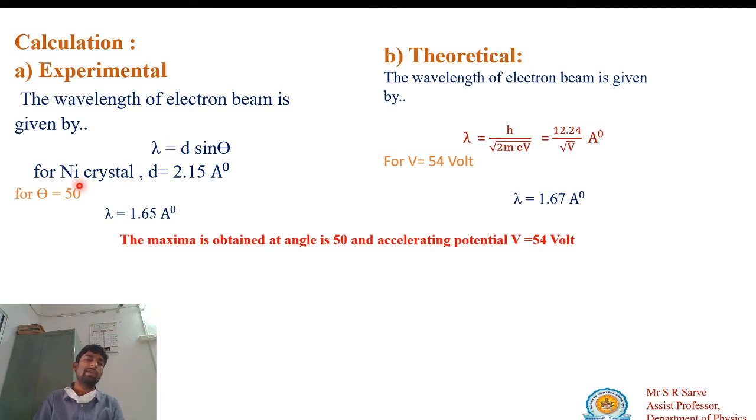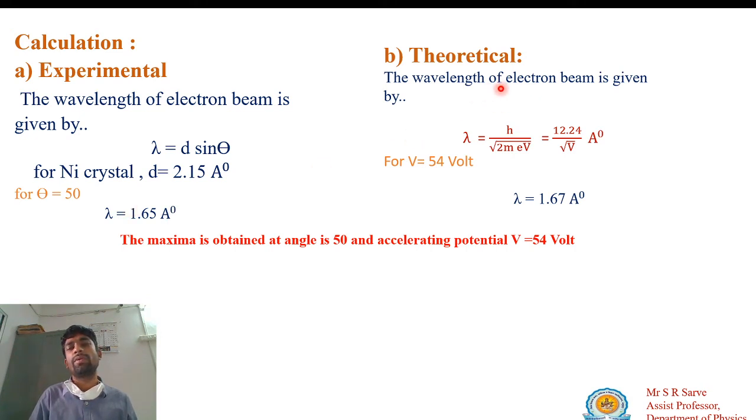Here we take the nickel crystal for the 111 plane, and for nickel crystal the d value is 2.15 angstrom. If you substitute theta equal to 50 degrees and d equal to 2.15 angstrom, you will get the value of lambda equal to 1.65 angstrom.